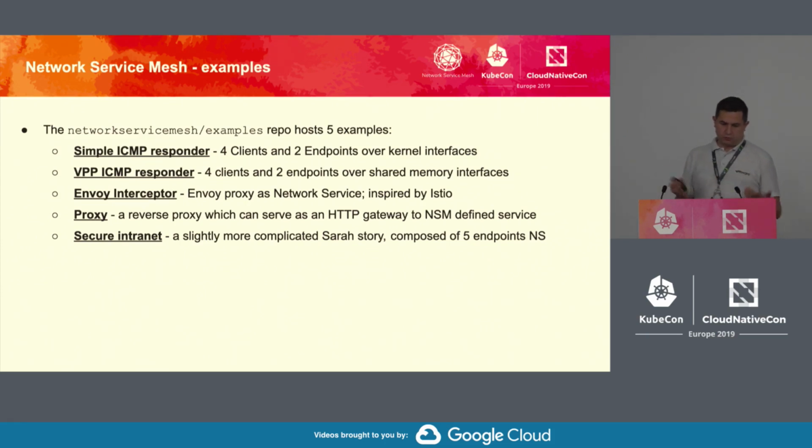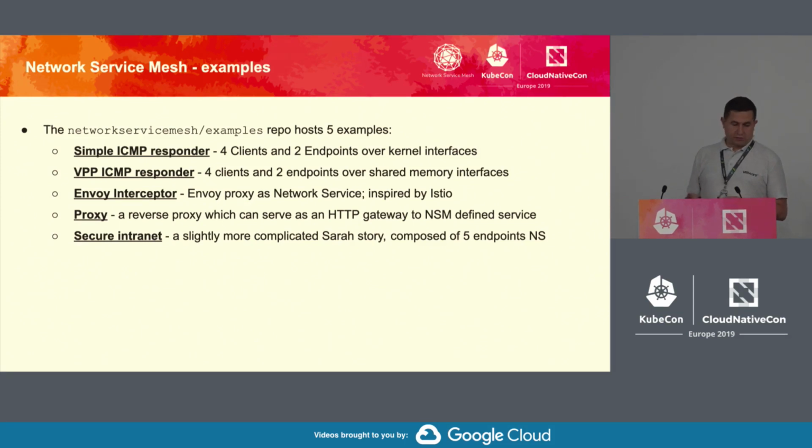Explained like this, things probably look a bit scary and not really clear, but we have a couple of examples in our network service mesh examples repo on GitHub. We have a simple SMP responder, which is just a couple of containers sending pings to each other. We have the same thing implemented with MEMIF interfaces based on VPP running as a CNF.